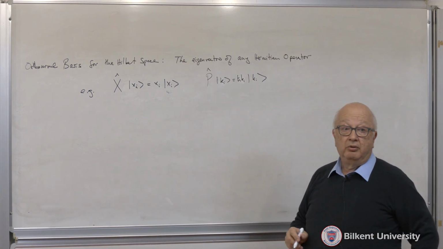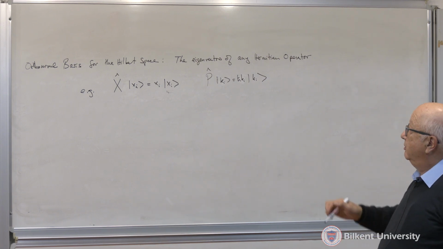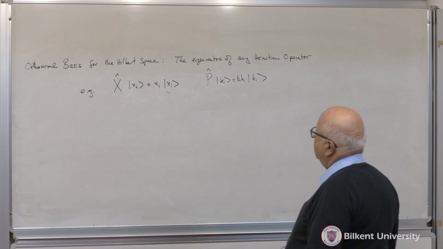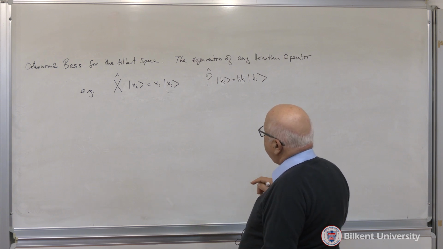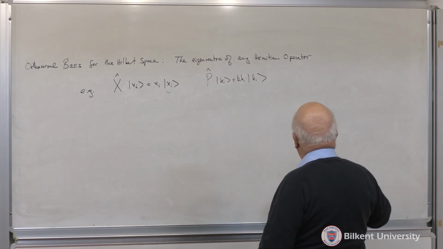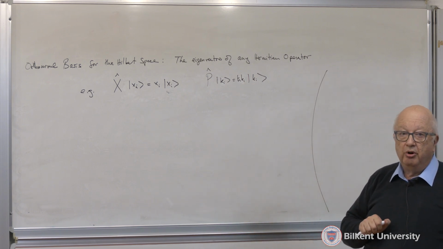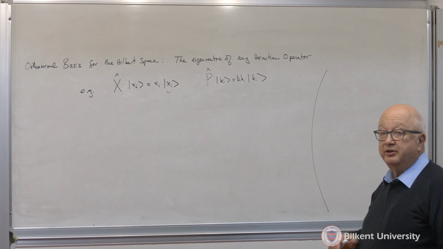So those are also possible basis vectors for expansion. And what do I do now? Let me just open a parenthesis here and introduce you to a certain kind of operator, which will make this very easy.